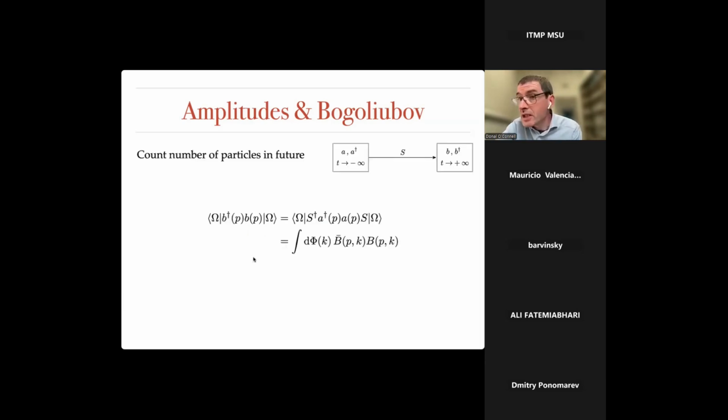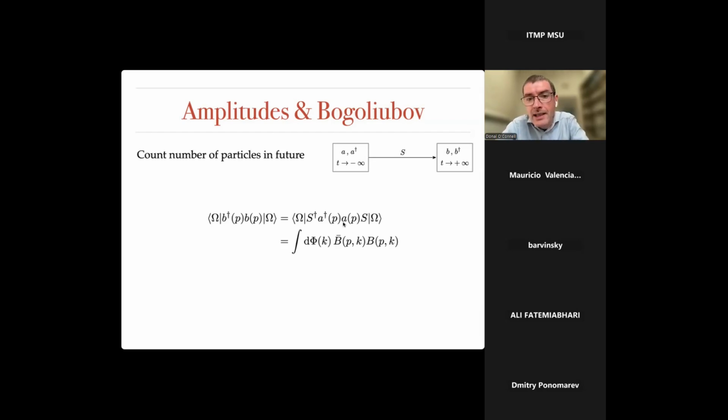Now, the observable that we usually talk about in the context of Hawking radiation is the expectation value of B dagger B. So using this theory of the Bogoliubov coefficients, I can rewrite B dagger B in terms of S dagger A S for the B, and then S dagger A dagger S for the B dagger. Just hook these things together, the two S daggers and then our S S dagger in the middle are unity.